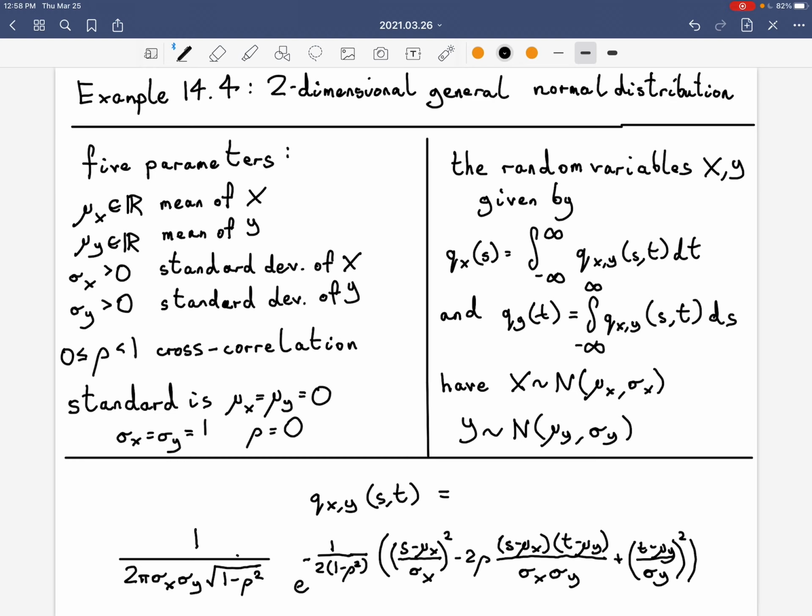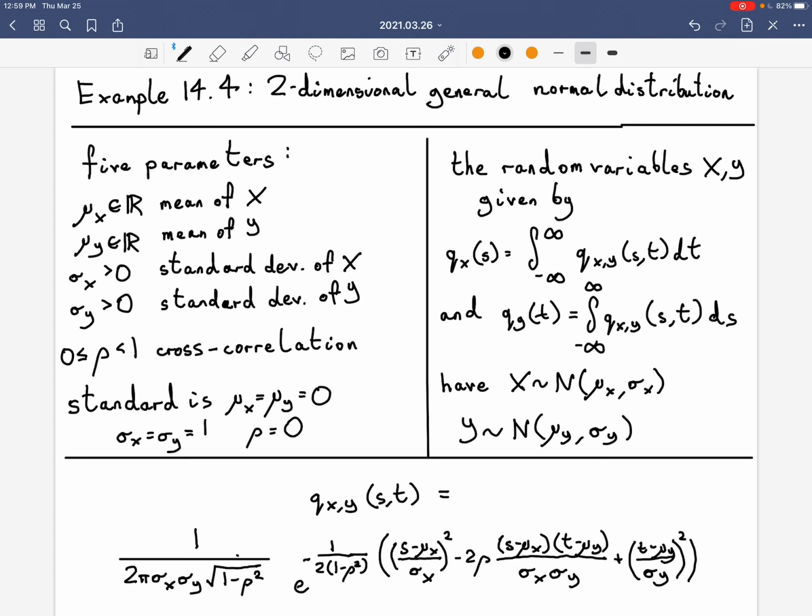And then we have mu y, which is the mean of y, which is the bias of the coin in the right theater. And then we have the standard deviation of the left theater coin and the standard deviation of the right theater coin.